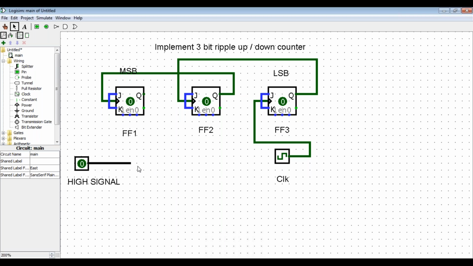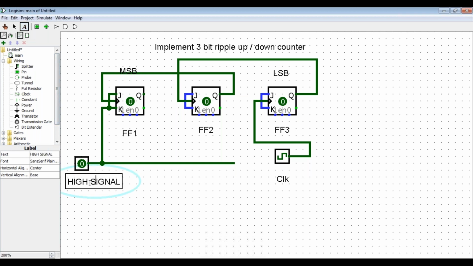Next we want to give the input. After shorting the J and K terminals, you want to connect them with your input signal.